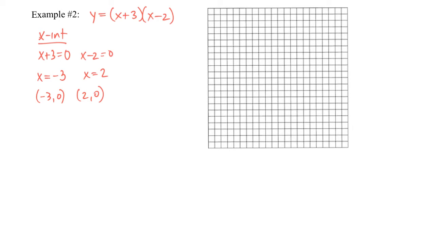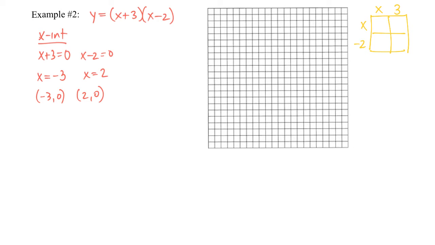So one way to find our axis of symmetry is to put this into standard form, and then we can proceed as we've learned how. So let's do that over here on the side. If I want to put this in standard form, that means I'm going to have to multiply it out. So I have to multiply x plus 3 times x minus 2.